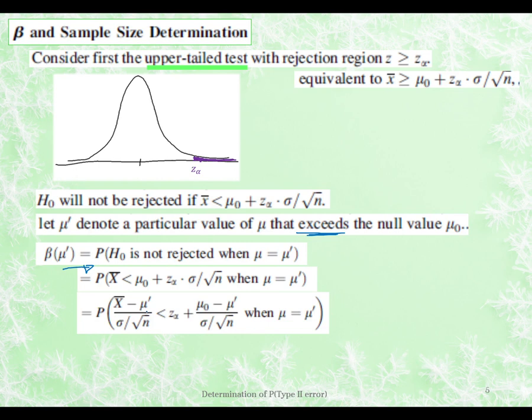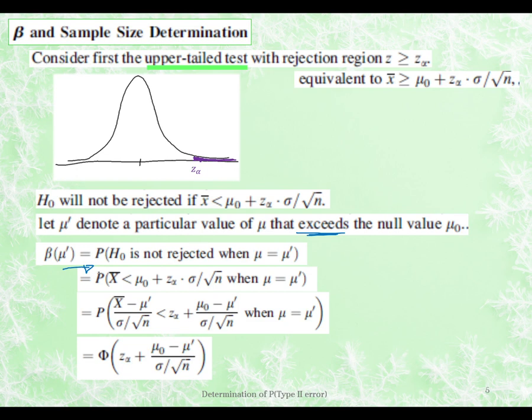And then we just need to go standardize x bar using this new distribution. And that tells us then that the probability of making a type 2 error given the specific value under the alternative is going to be calculated as a cumulative probability from the normal distribution, and it's pretty much just plugging in values into the statement.